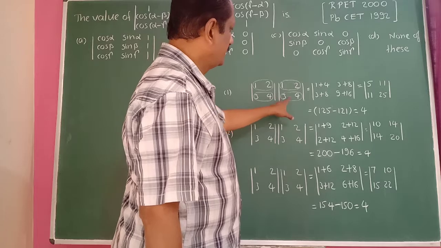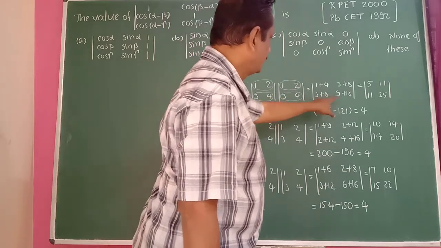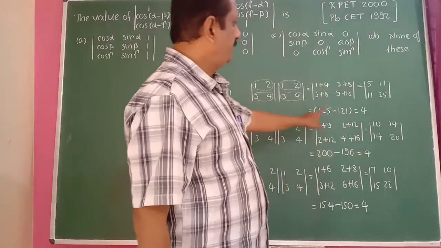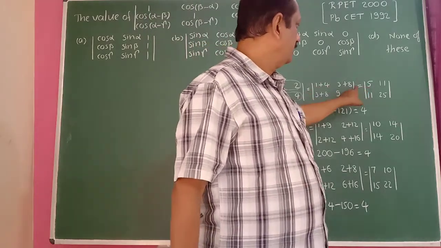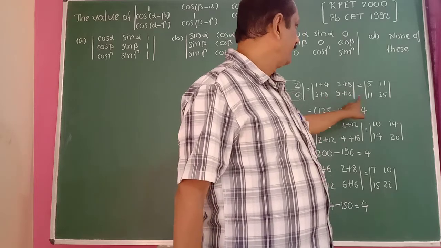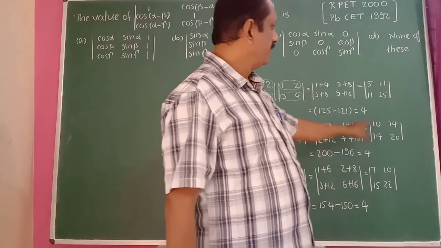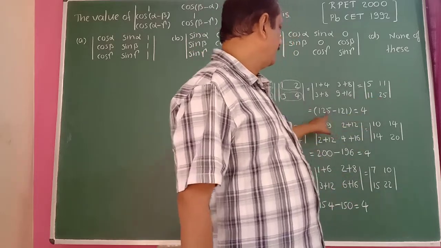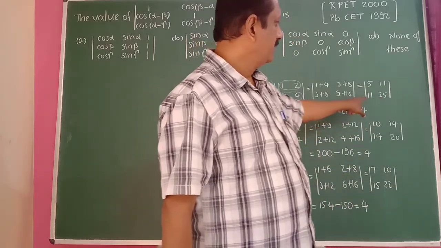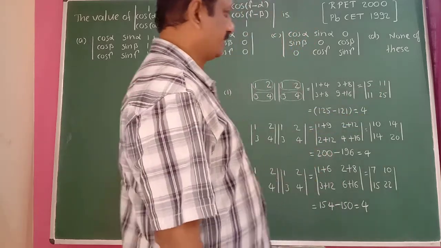Multiply second row with second row: 3 3s are 9 and 4 4s are 16. Therefore 4 plus 1 becomes 5, 8 plus 3 is 11, 8 plus 3 is 11, 16 plus 9 is 25. Then expand it here: 5 into 25 is 125, minus 11 11s are 121.